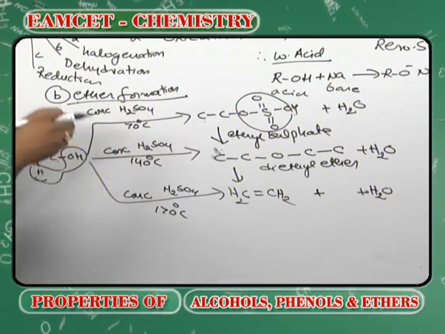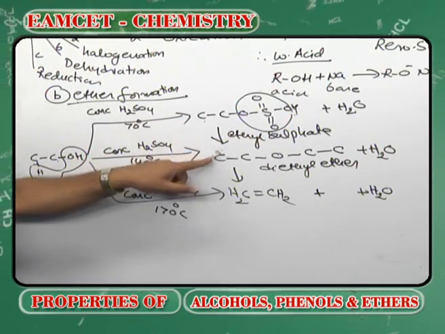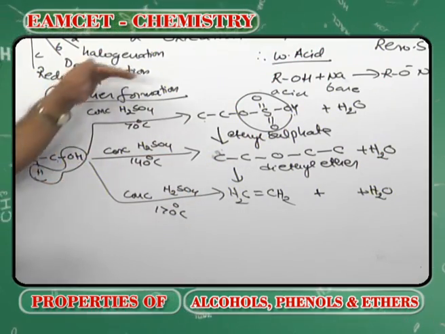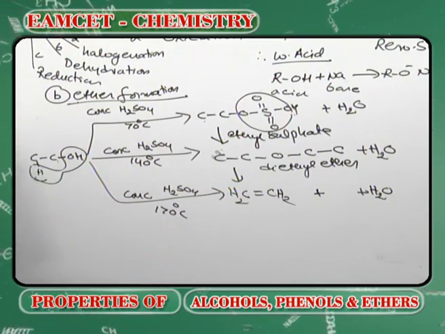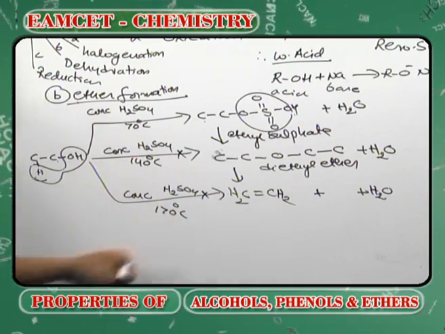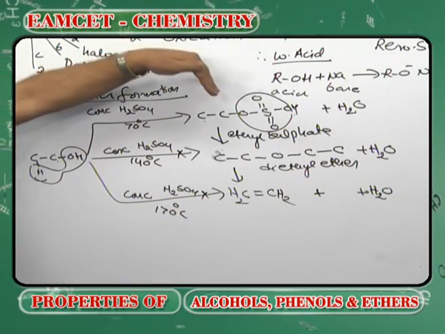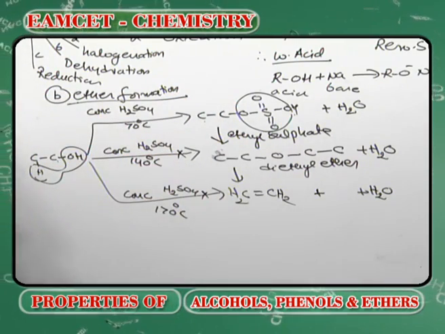At 70 degrees, open the flask and see, this will be there. At 140, open the flask and see, it will be there. That means this is the real reaction. So suddenly getting ethylene does not actually happen. Therefore, these two reactions need not be represented at all. It goes to ethyl hydrogen sulfate, further heating gives diethyl ether, and further heating gives ethylene.